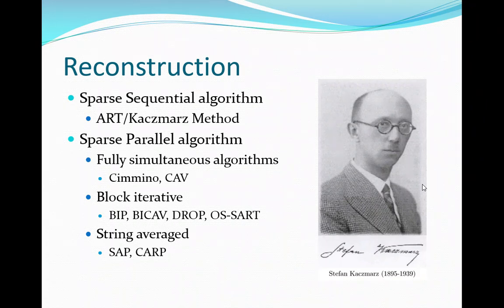There are versions of it: fully simultaneous, which we call Cimmino, or component averaging, that's another fully simultaneous one. There are block iterative algorithms, where you group up the rows, the histories, into blocks and calculate them. We'll talk about what each one does. Another one groups them into strings of operations, and independent strings allow you to parallelize as well. Those are the parallel versions of this algorithm.